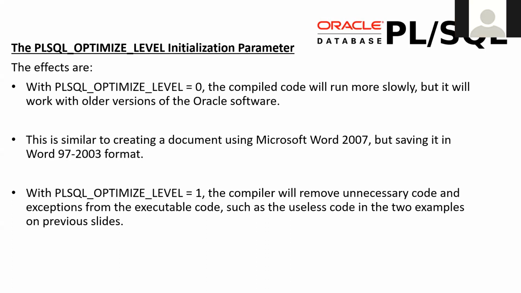Welcome. All right, continuing to explain the optimization levels. At level 1, the compiler will remove unnecessary code. It'll actually read your code, interpret it, and then remove anything that's unnecessary before it's actually compiled.